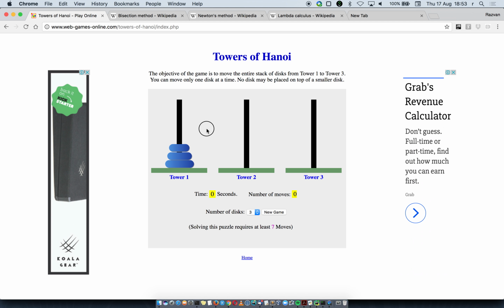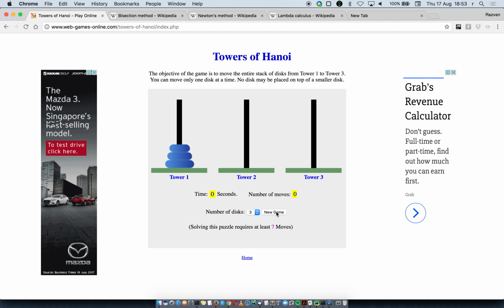So it's actually relatively simple, right? But what is important here is to understand the pattern. Right? So it's important to understand the pattern. So in order to understand that pattern, let's move on. You've seen me moving 3 disks already, right?